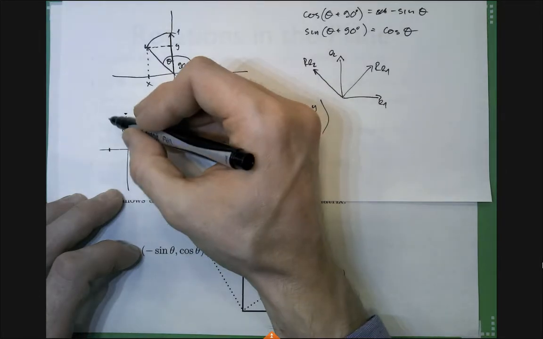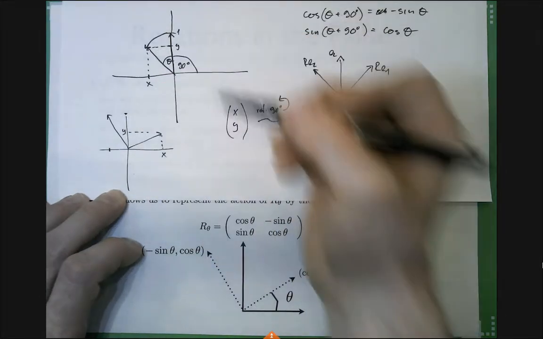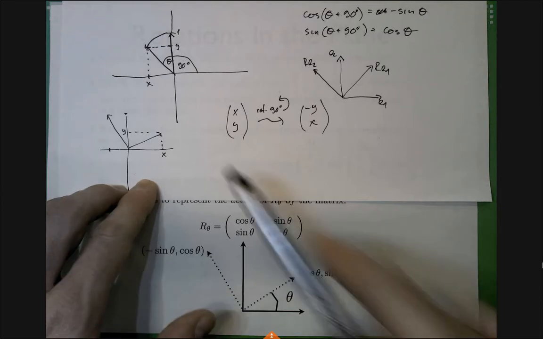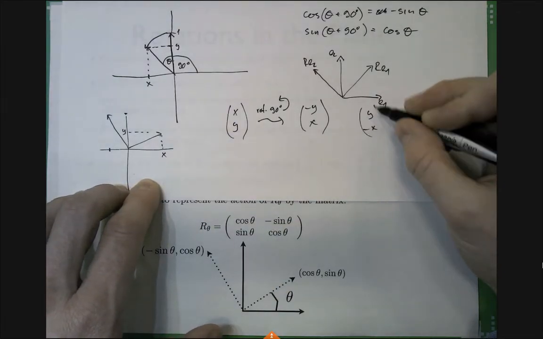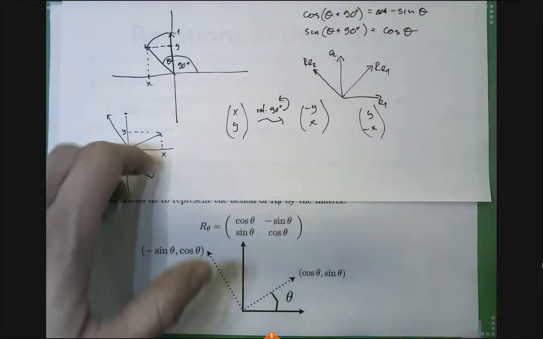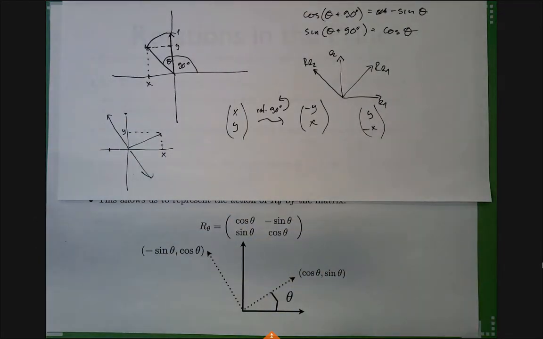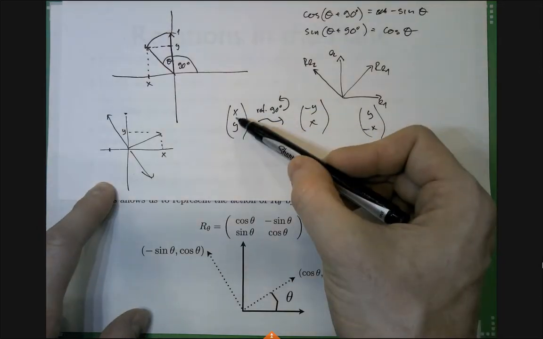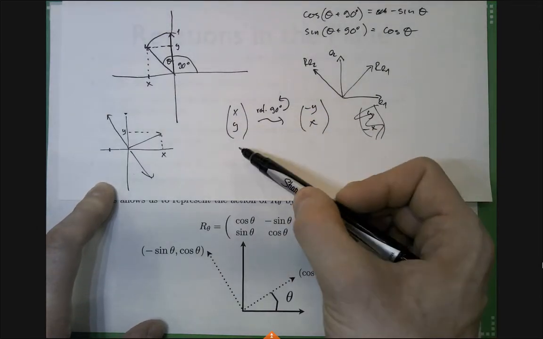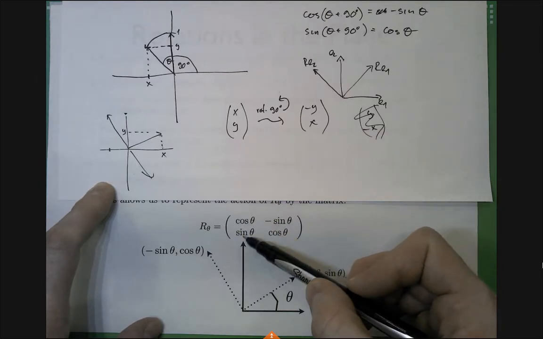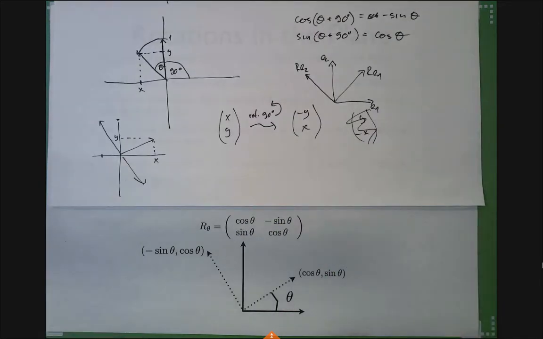So I get this vector, and that looks like a 90 degree rotation. I could also write y and minus x. That would also be correct, except that would be the clockwise rotation. And indeed, if I do this counterclockwise 90 degree rotation to x and y, and my x and y is cosine theta and sine theta, I again get the same thing. All right.